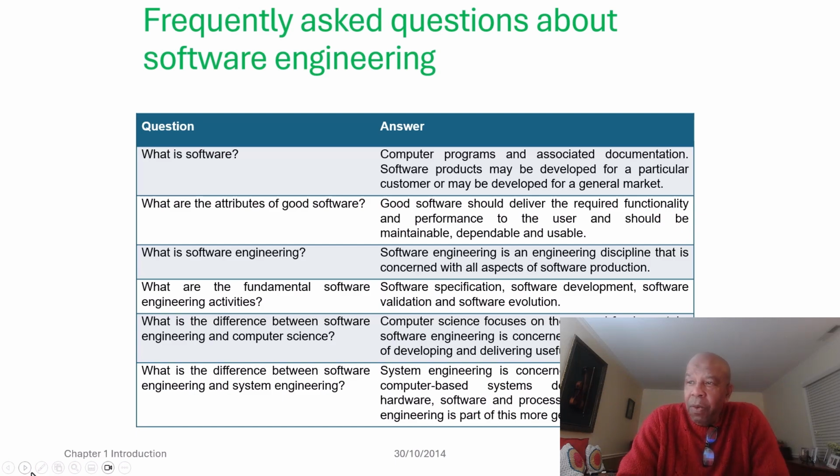What are fundamental software engineering activities? Software specification, development, validation, and evolution. What is not shown here, and which I want you to be in tune with, is that we're missing requirements. That will be the first step. Nothing in data processing works without a requirement.